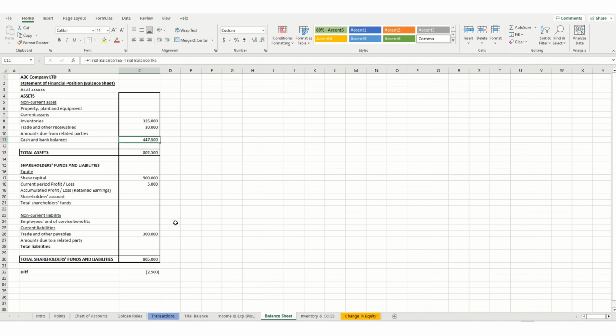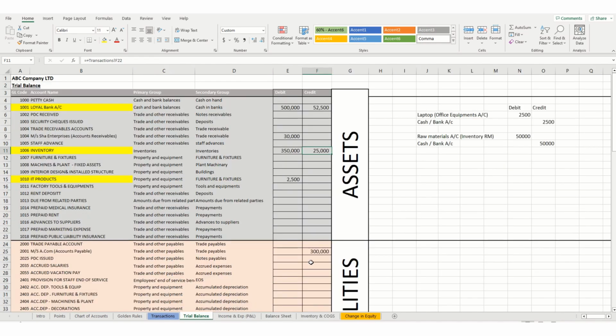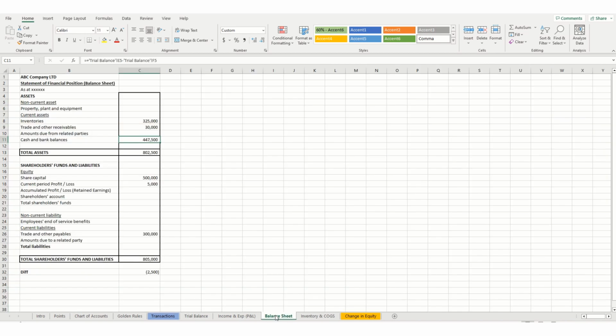Okay. So here now there is a difference of 2,500. Why is there a difference of 2,500? We need to check that. Going back to the trial balance, there is IT products. We bought an IT laptop for 2,500, which is not yet reflected in the trial balance.